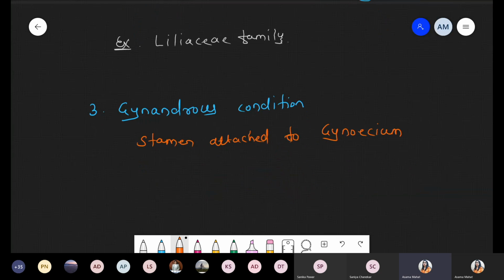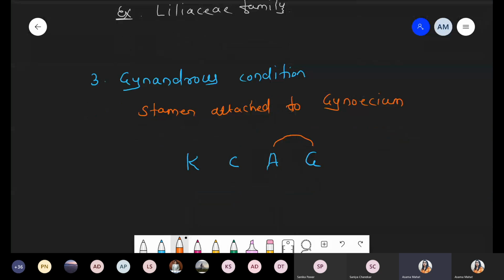So how is it represented? Simply K for calyx, C for corolla, A for androecium, G for gynoecium. Now the androecium, that is the stamen, is attached to gynoecium. Such fusion, such attachment, is called the gynoandrous condition, where gynoecium plus androecium show fusion together.